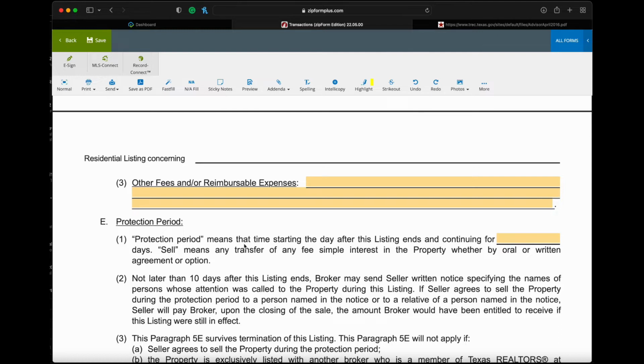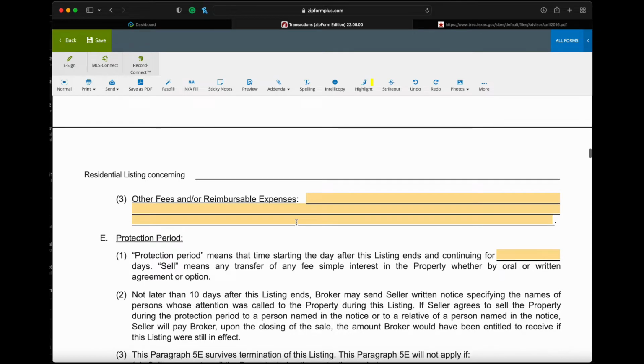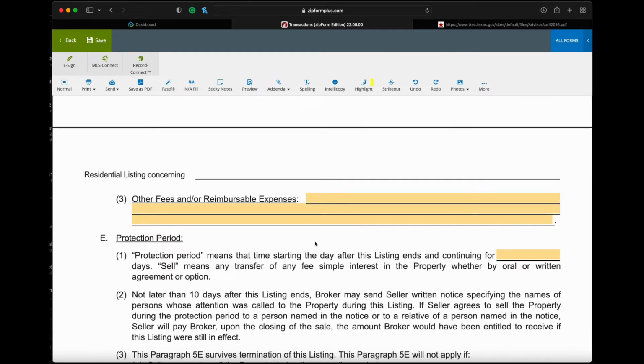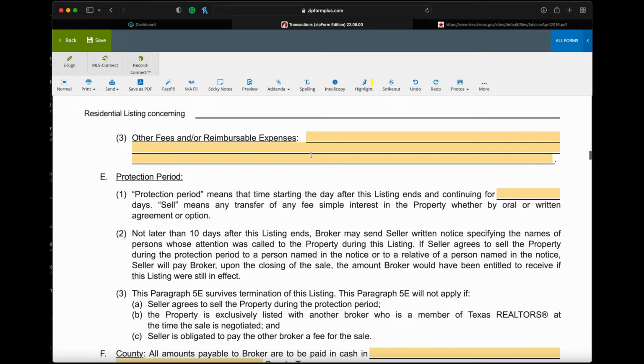It's been vacant for a long time, maybe it needs some painting or a lot of yard work, and you volunteer to do that. You say, well, I can hire some contractors or a handyman to paint the house or clean the yard. Well, you'll put this in for you to be reimbursed for that. So you'll get paid for the extra expenses you incurred, and that's where that comes into play.